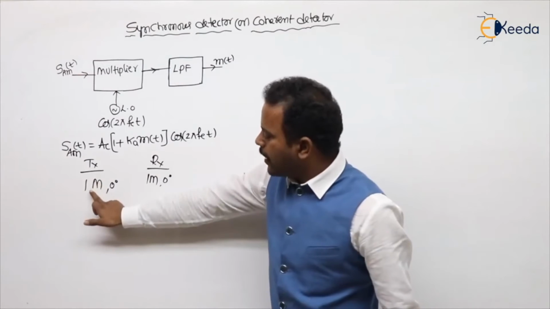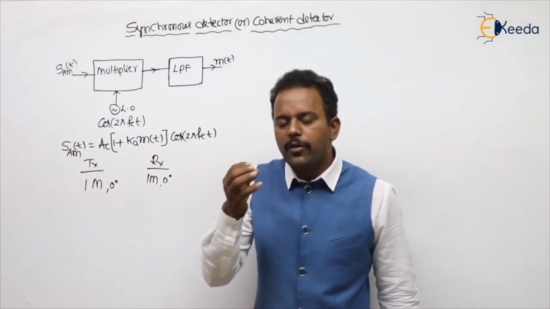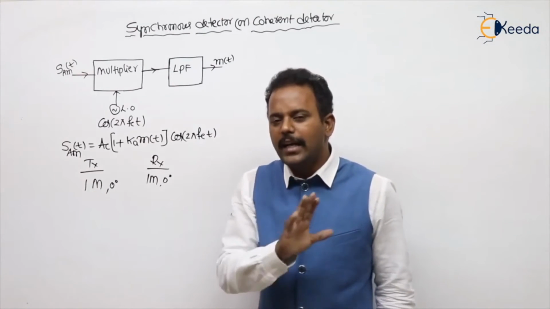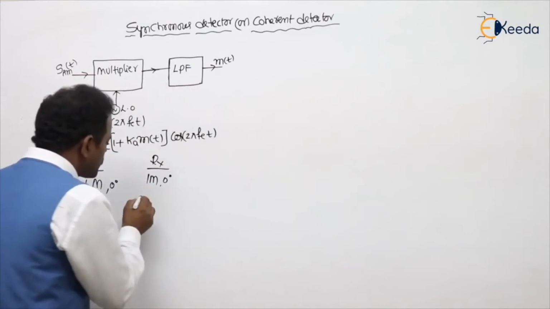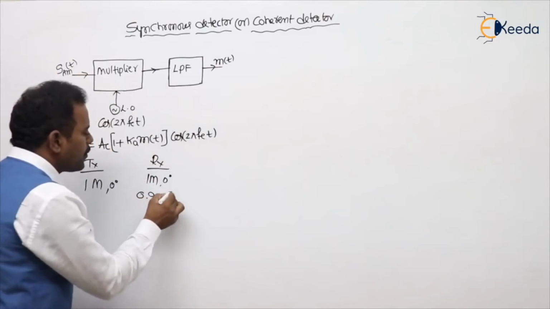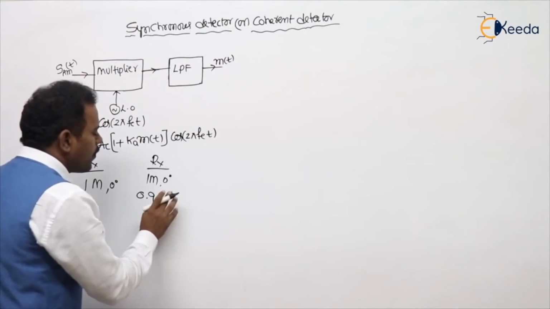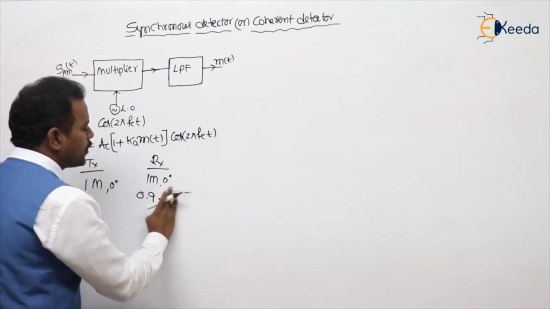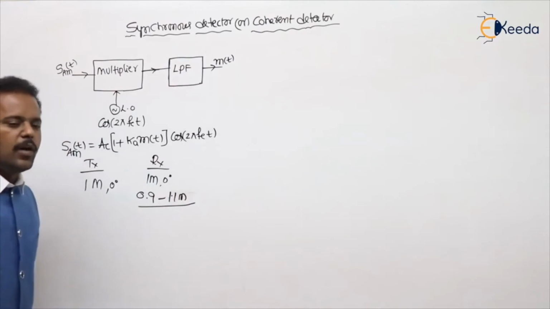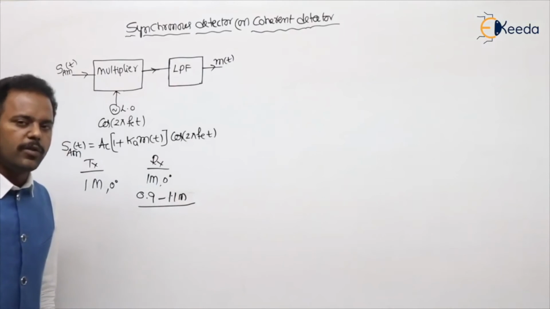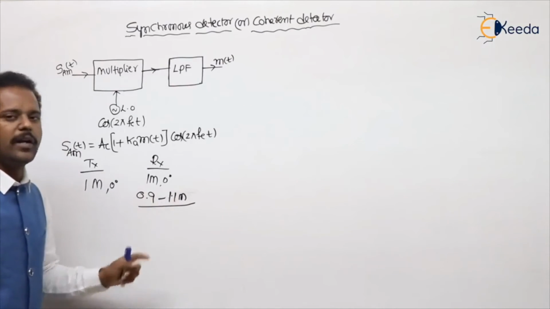Because of adding the noise, this 1 megahertz, when it comes to the receiver side, may not be 1 megahertz. It's always fluctuating from, for example, 0.9 to 1.1 megahertz. And how it is fluctuating, we don't know. How much it is fluctuating also, we don't know. This is a general value written.